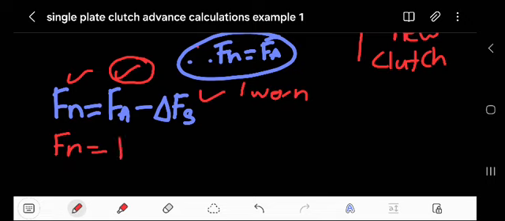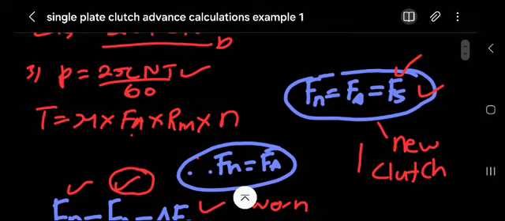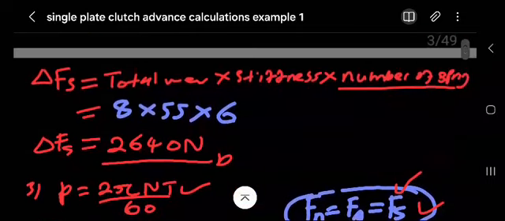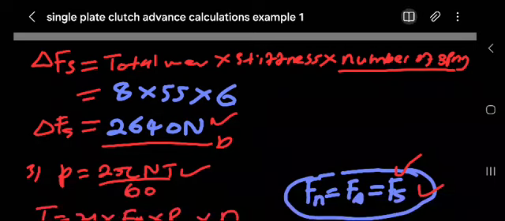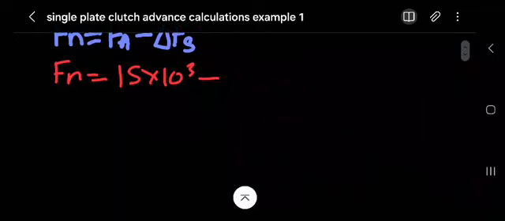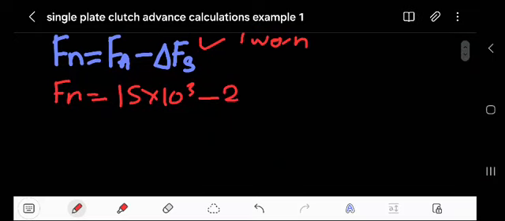It was 15 times 10 to the power of 3, minus the change in the spring force, which we have calculated, 2640.